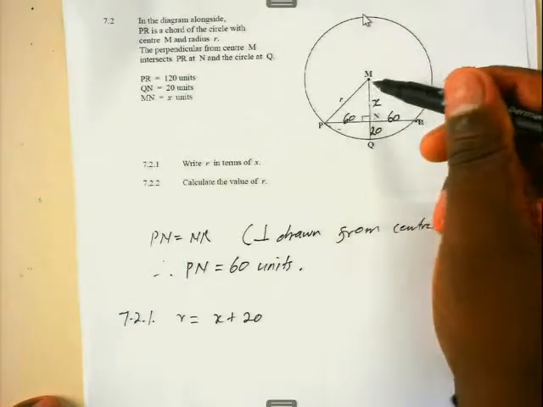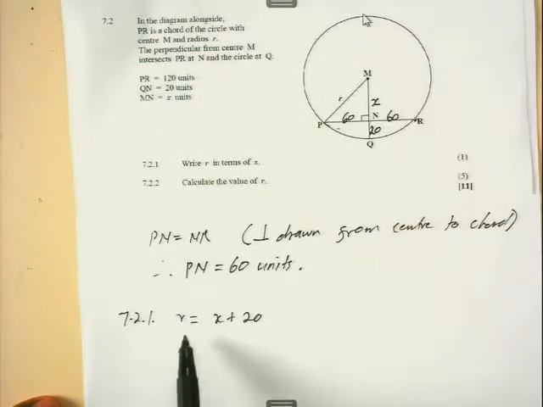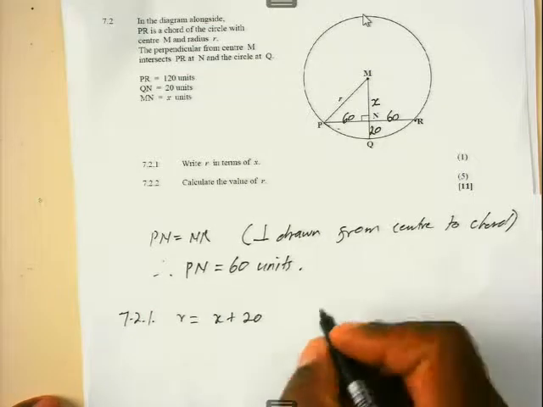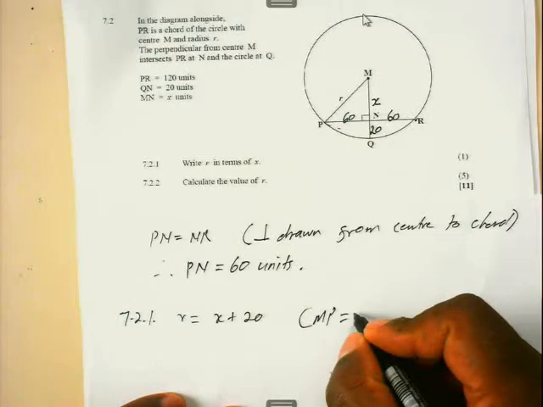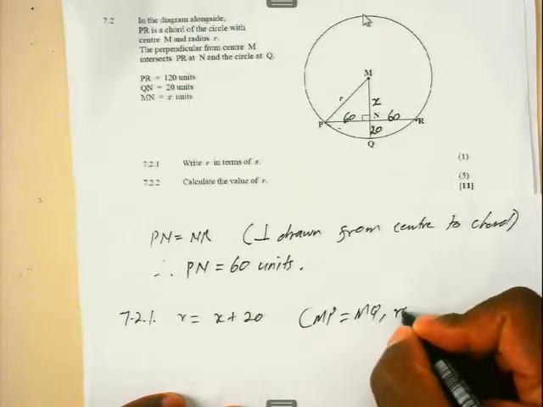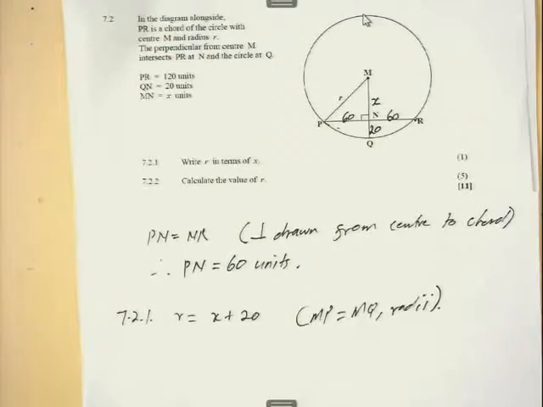MP is R, MQ is X plus 20. So if you write R in terms of X, R is equal to X plus 20. The reason is because MP is equal to MQ, and they are both the radii. Thank you. The first question answered. We have expressed R in terms of X.